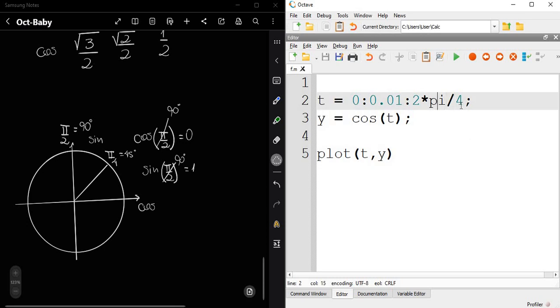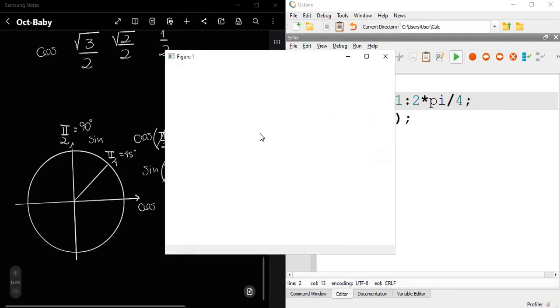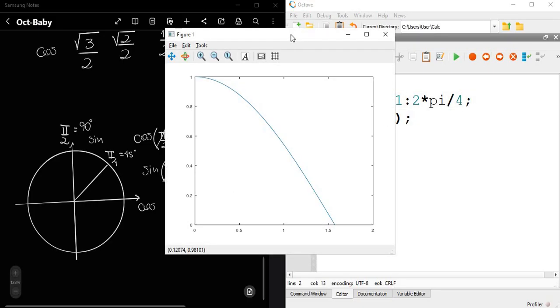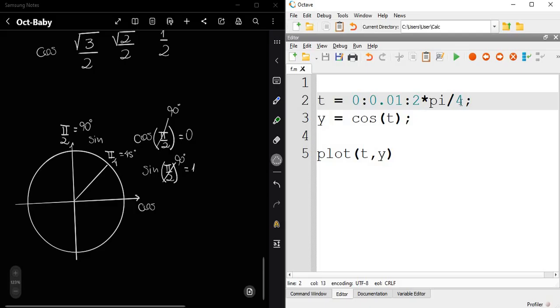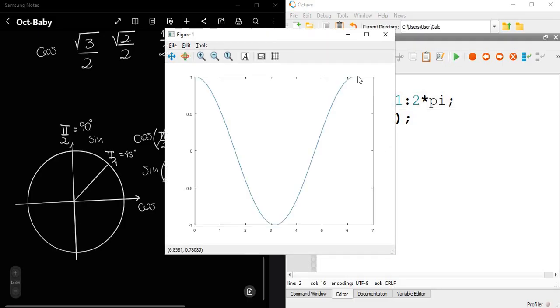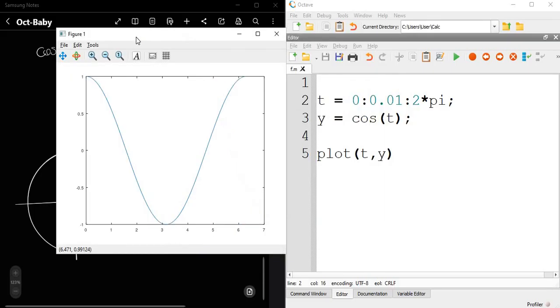Okay, so there it is. Let me see the limits of the axis, 1 and 2. Let's just plot this way, and we got the cosine function.